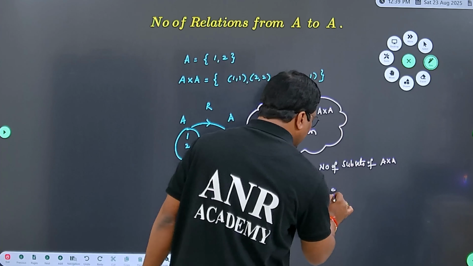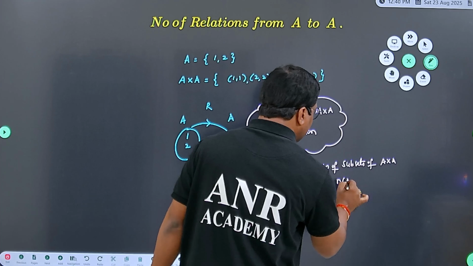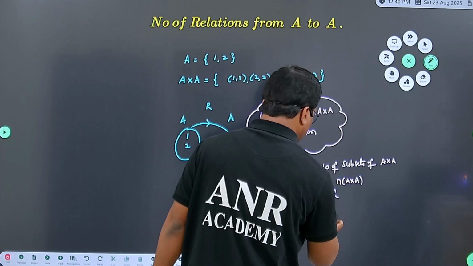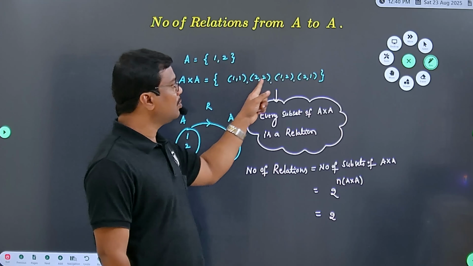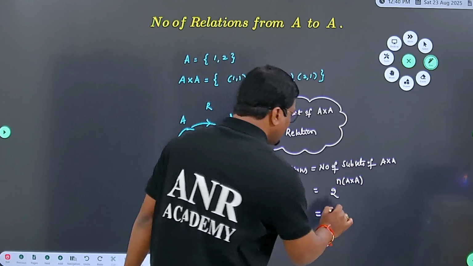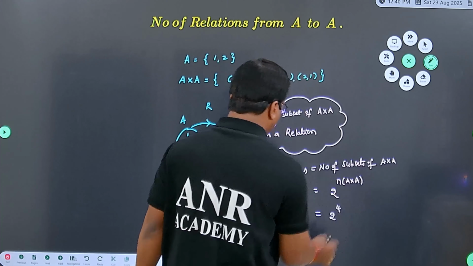So here the base value is 2, and the number of entries in A cross A is 1, 2, 3, 4, so it is 2 to the power of 4.